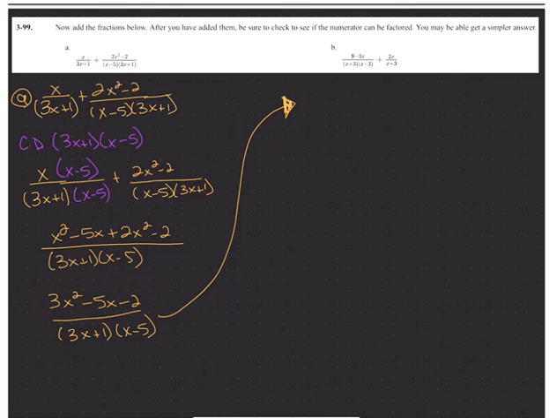So I'm actually going to factor that one, and I'm going to use the little area model. Oops, I'm going to move that down just a hair. Right? I have 3x squared. I got to figure out some x's, and I have a negative 2. So 3 times negative 2 is going to give me a negative 6. So I know I have to multiply by a positive and a negative.